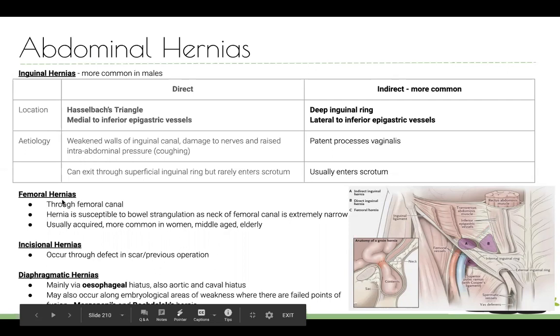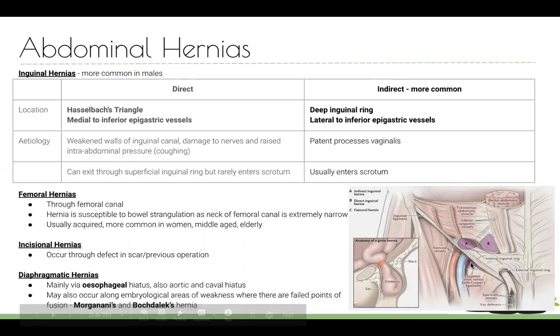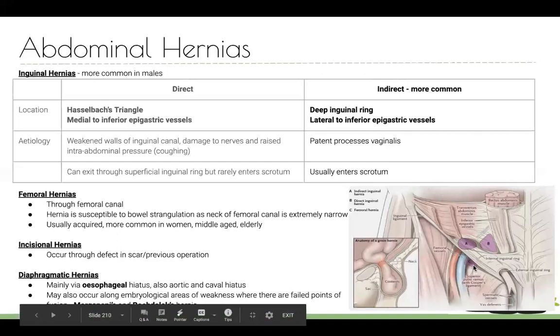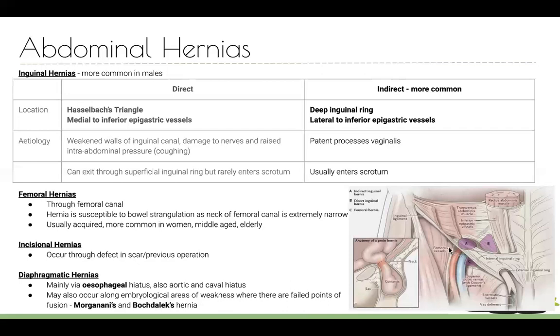Femoral hernias over here will happen through the femoral canal, which is underneath the inguinal ligament. And the main thing to know is that they're really susceptible to bowel strangulation because the neck of the femoral canal is really narrow as opposed to these two, which tend to be a little bit bigger.